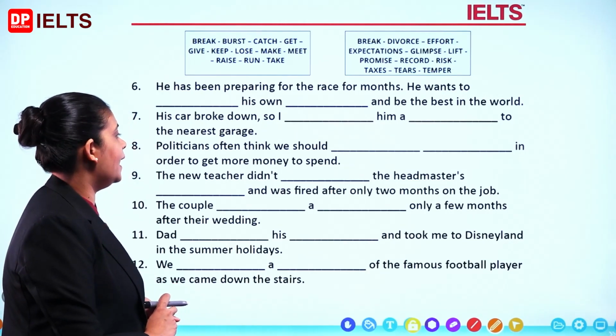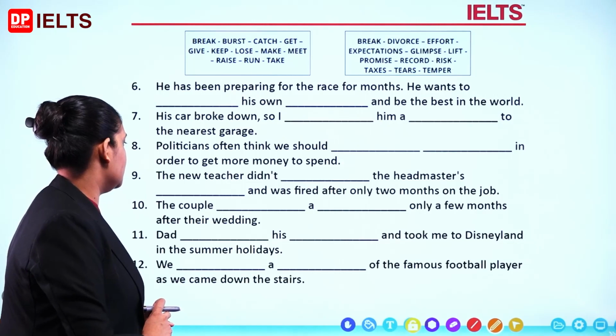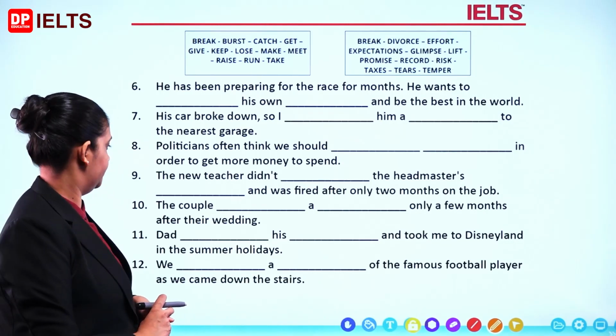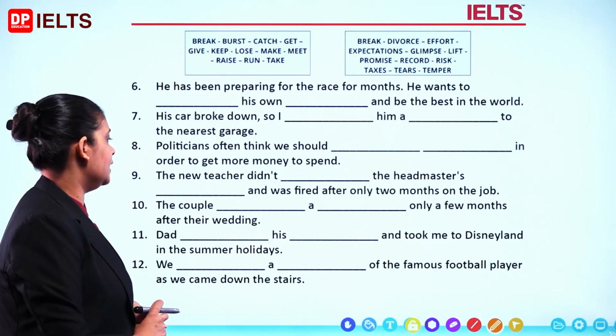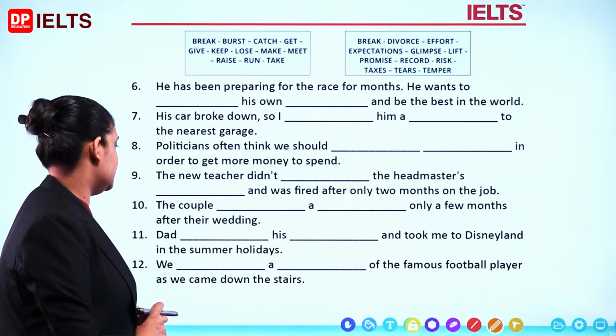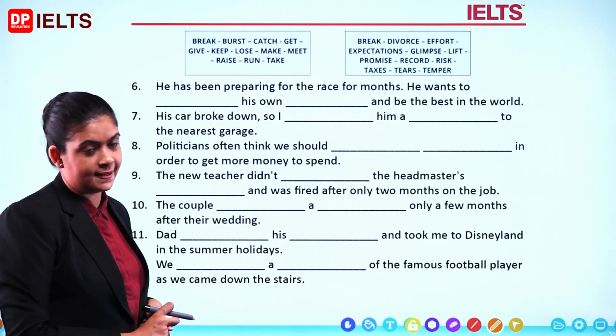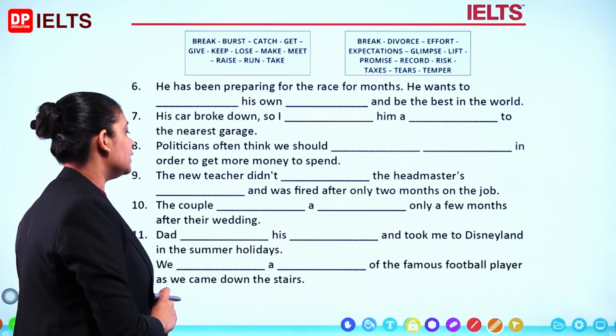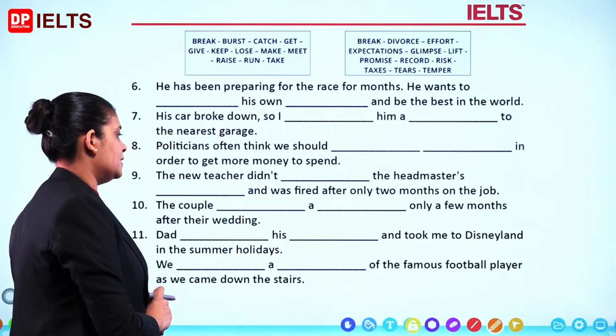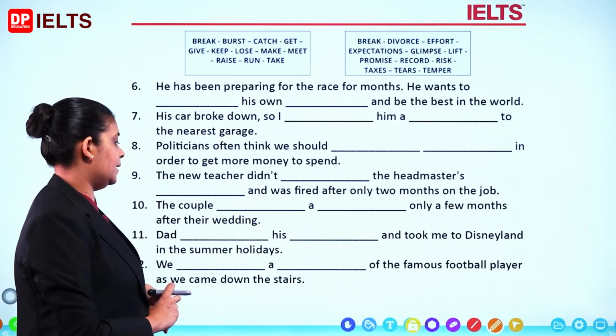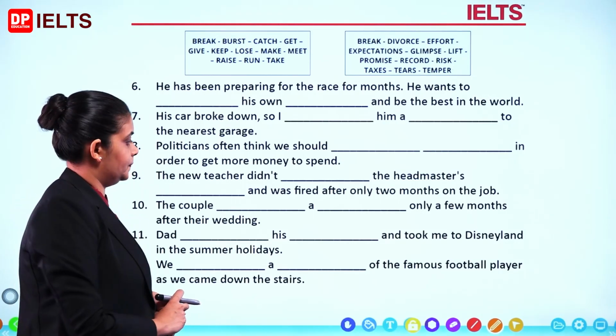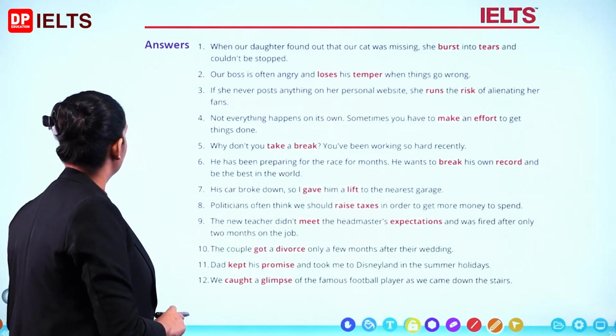The couple blank a blank only a few months after their wedding. Dad blank his blank and took me to Disneyland in the summer holidays. We blank a blank of the famous football player as we came down the stairs. Right?